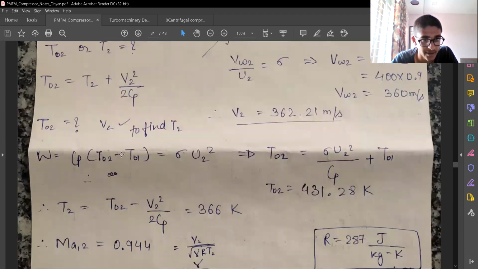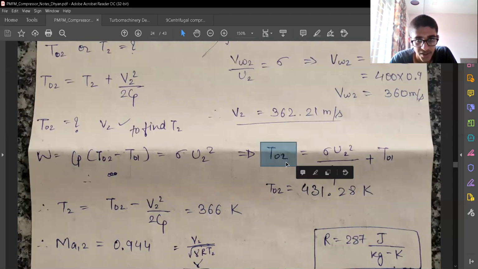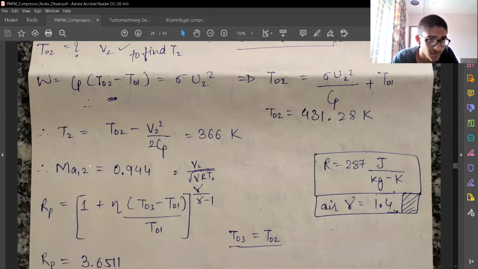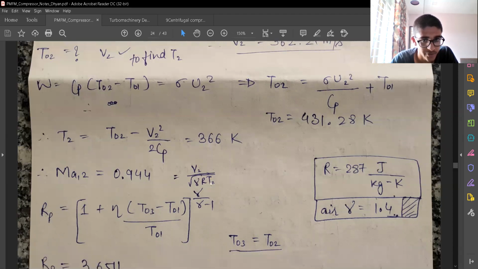Work done in one of the expression is Cp delta T, and another expression is sigma U2 square. Since psi is not given, we'll assume psi has to be 1. So using these two equations, we can find out the T02. And using T02 and V2, we'll find out the temperature T2. And now we have all the unknowns V2 and T2. So we'll find out the absolute Mach number at the outlet based on absolute velocity.